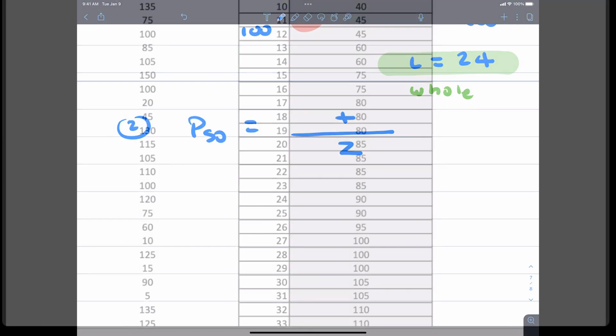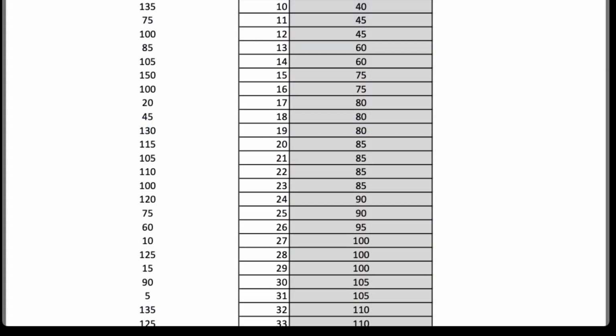So if you remember, what I was doing is I was showing you guys this. What's the 24th data value? 90. Okay. What's the 25th? The next one. 90. Okay. So when it's a whole number, you need the 24th and the next one.